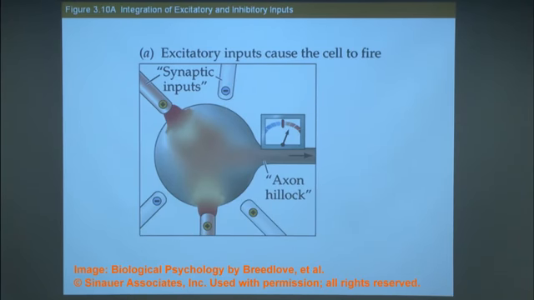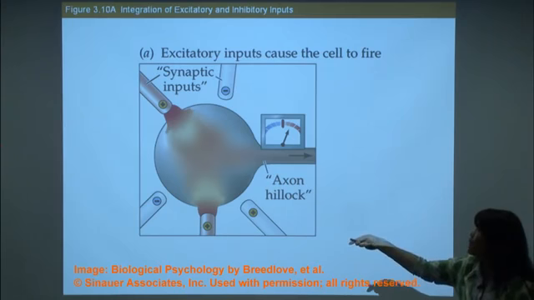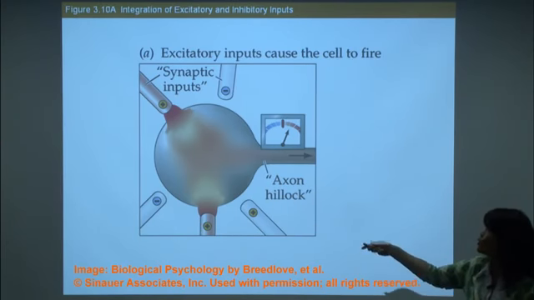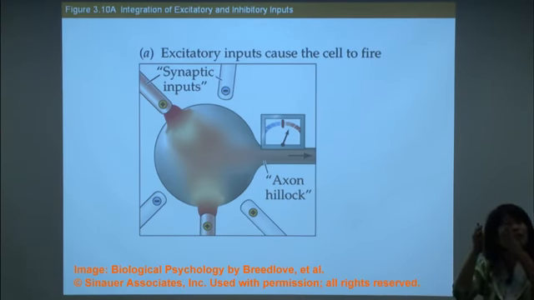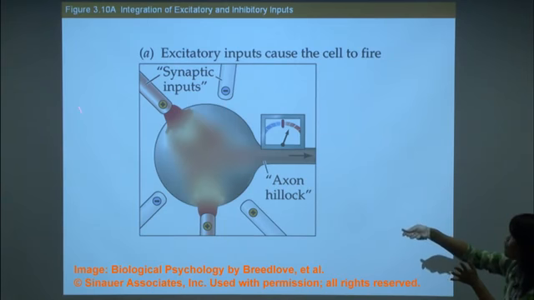What we have to think about here is how strong those inputs are and how close to the axon hillock they are. Now imagine that it's not just a cell body, but there's a big dendrite going all the way out here. Okay? If I have an excitatory postsynaptic potential here, it's causing a little depolarization, but that depolarization is diminishing as it gets farther and farther away from that input.